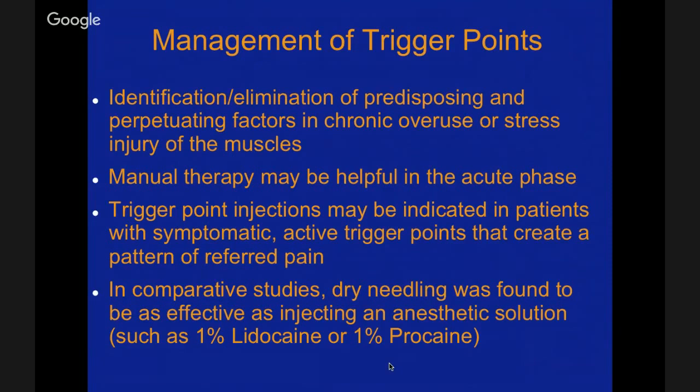Manual therapy can be helpful in the acute phase, but trigger point injections may be indicated in patients with symptomatic active trigger points that are creating those referred pain patterns. In comparative studies, dry needling was found to be as effective as injecting an anesthetic solution into the trigger points.